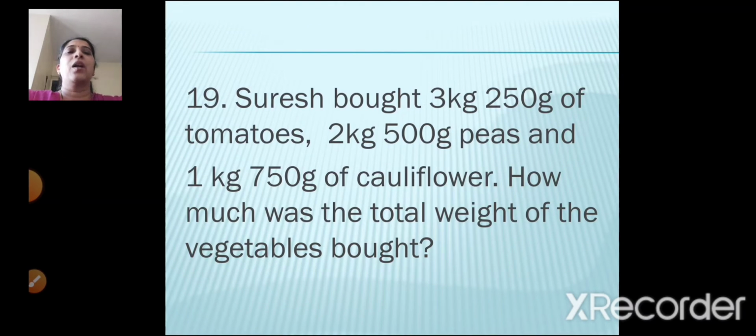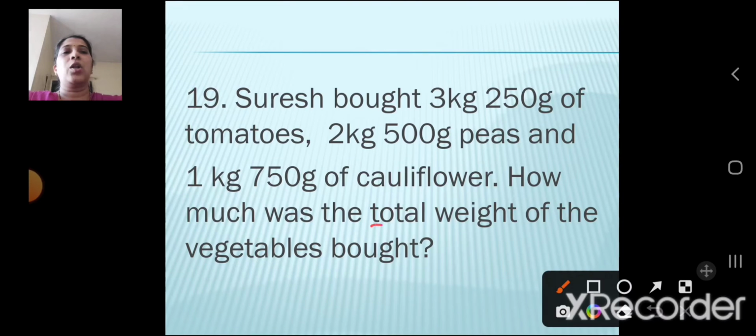19th one. Suresh bought 3 kg 250 grams of tomatoes, 2 kg 500 gram peas and 1 kg 750 gram of cauliflower. How much was the total weight of the vegetables bought? So again, if you see children here, total weight of the vegetables means you are going to carry out addition.